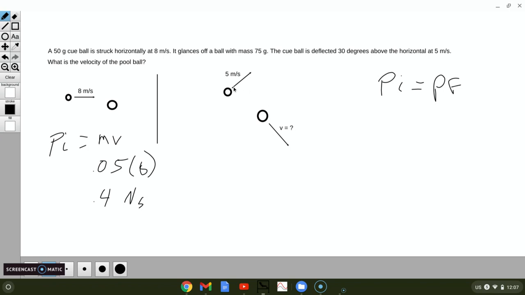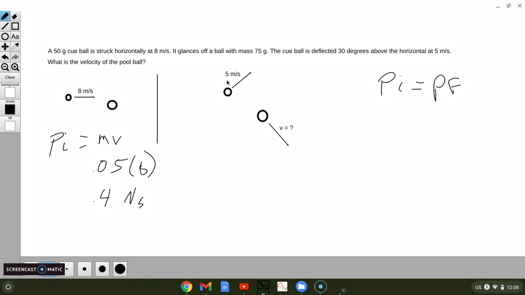All right, so what we first got to do is remember that momentum is conserved. There's no law of conservation of velocity. There's only a law of conservation of momentum. So just because the velocity here is 5 doesn't really mean anything. It's the total momentum that is conserved. So what I need to do is find the momentum here.